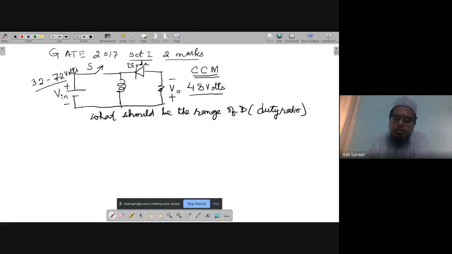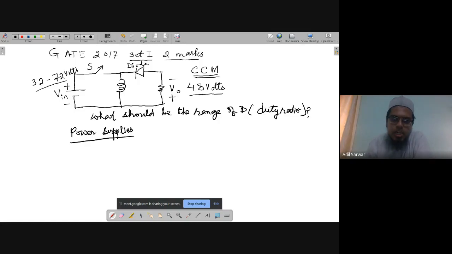So let us try to solve this. Before solving this question, let me tell you that normally DC to DC converters, when they are used for power supplies, are regulated.